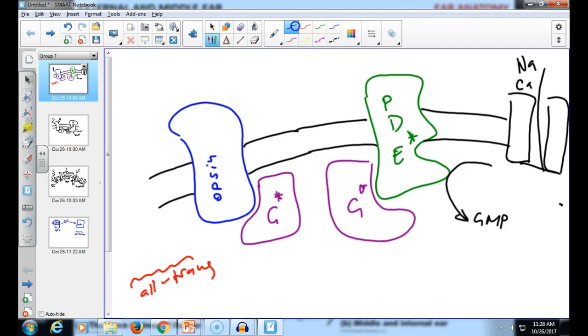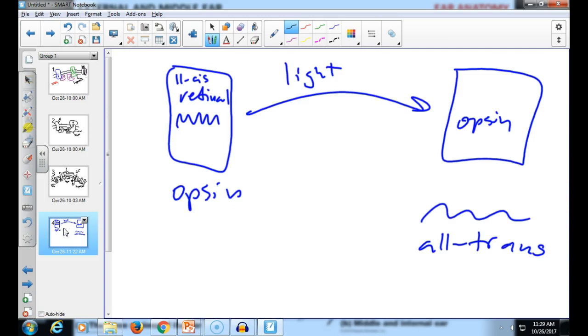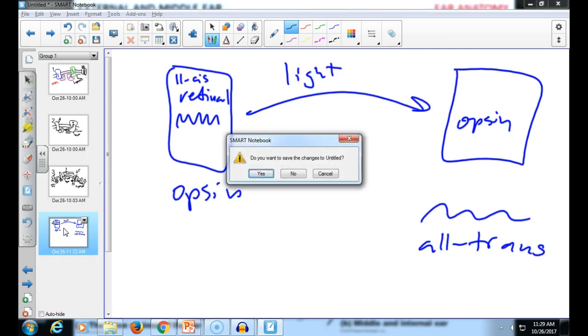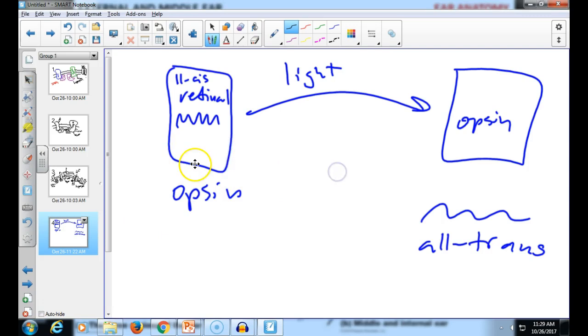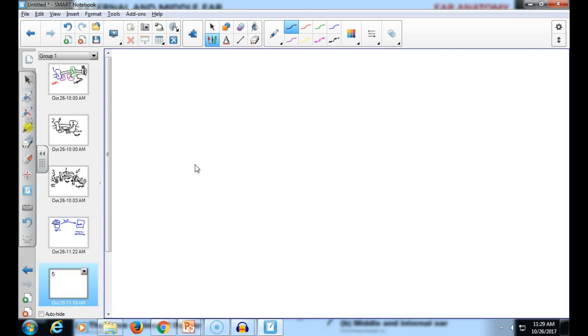Any flow? When the flow is stopped, what happens to the membrane potential of the cell? Decreases, making the cell... oh, wait, no.